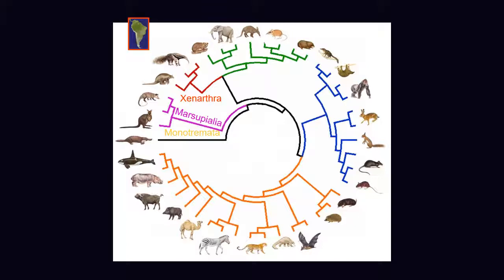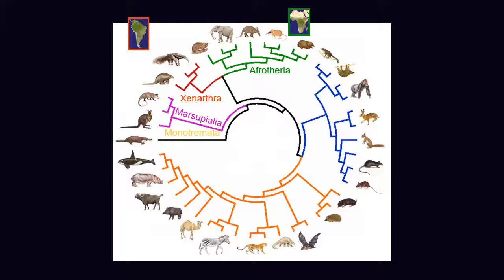We have the xenarthrans, which are restricted to South America. Some xenarthrans you might know are armadillos, anteaters, and sloths. We have the afrotherians, which are in Africa, and these are things like elephants, aardvarks, elephant shrews, tenrecs, golden moles, hyraxes, manatees.